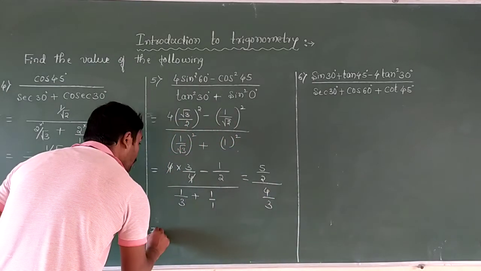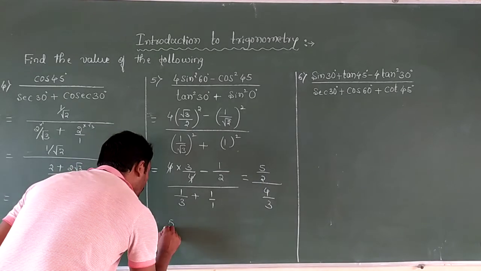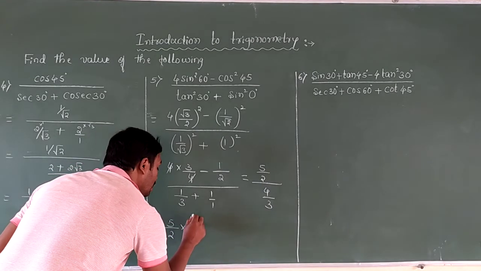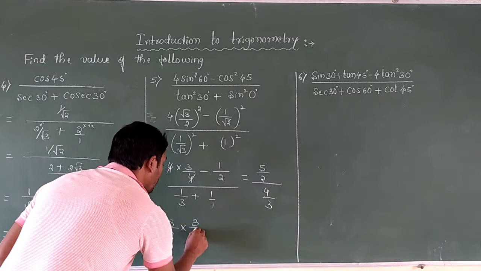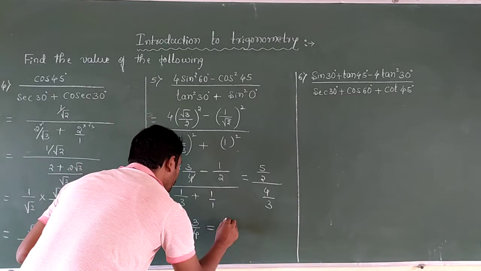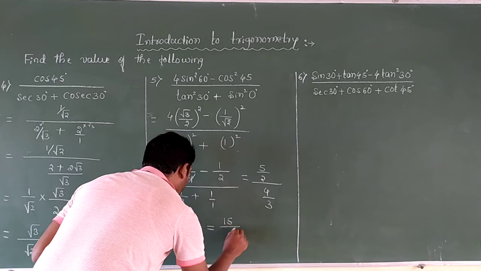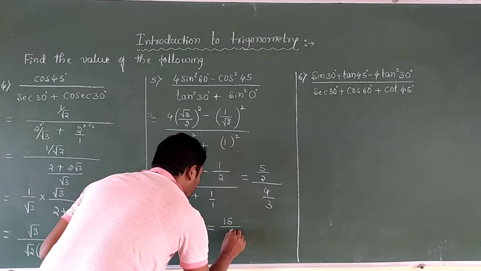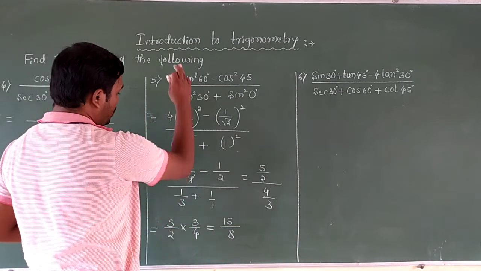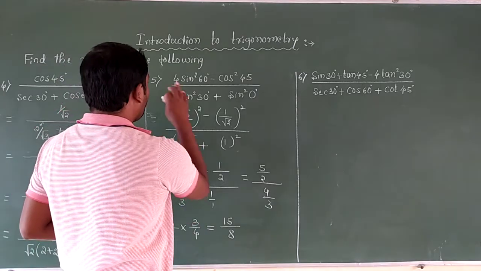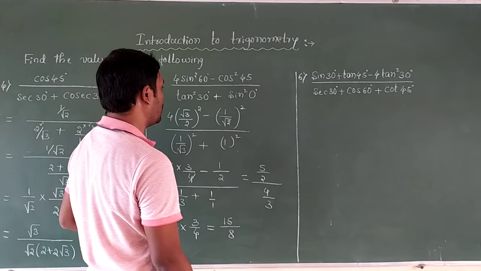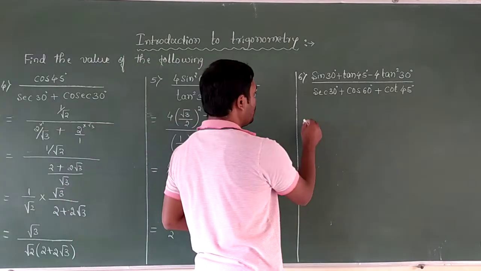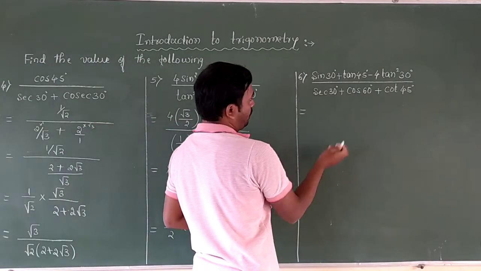So this is equals to 5 by 2 into 3 by 4. So this is equals to 5 3s are 15 divided by 4 2s are 8, children. So this is the value of 4 sin square 60 degree minus cos square 45 degree divided by tan square 30 degree plus sin square 0 degree. So let us find the next problem here.